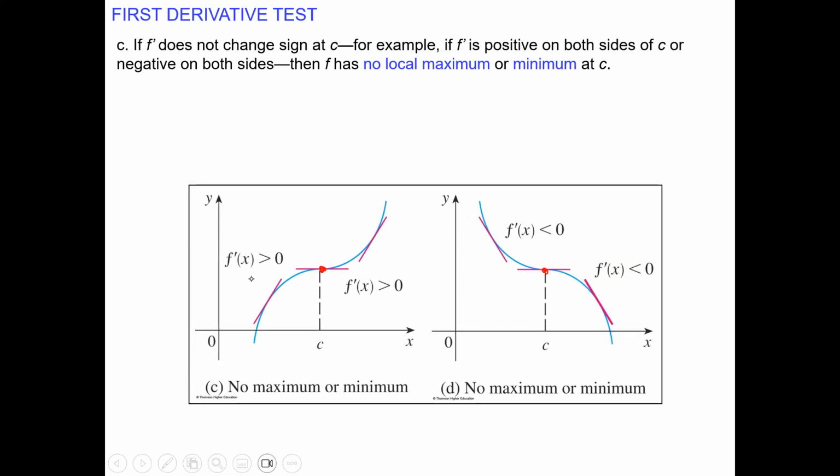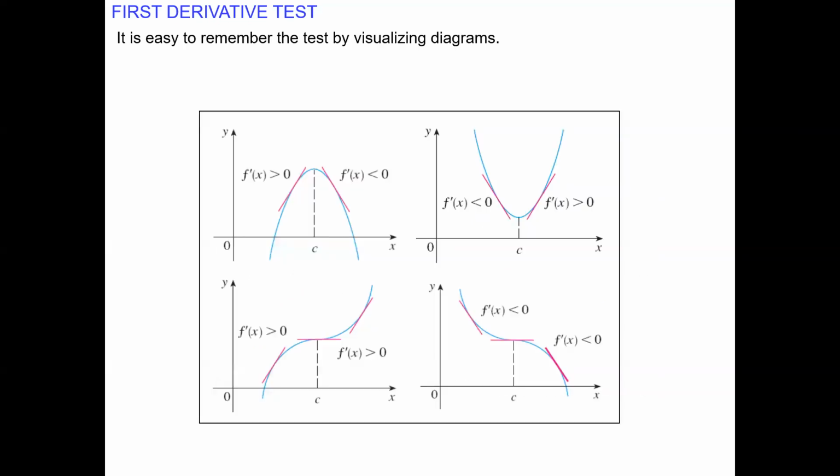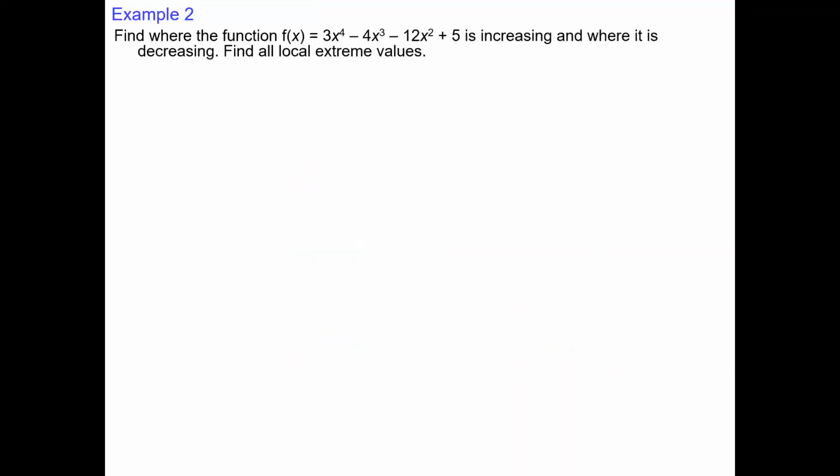If the sign of the derivative does not change on the left and on the right-hand side, then the function doesn't have a local extreme value. It's still a critical number, but no local maximum and no minimum at that point, or the other way.